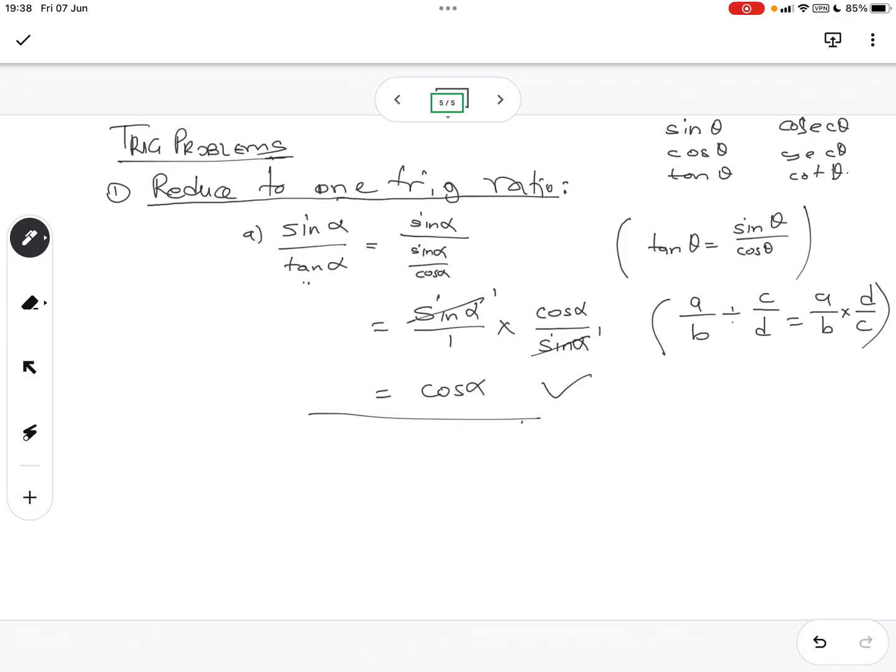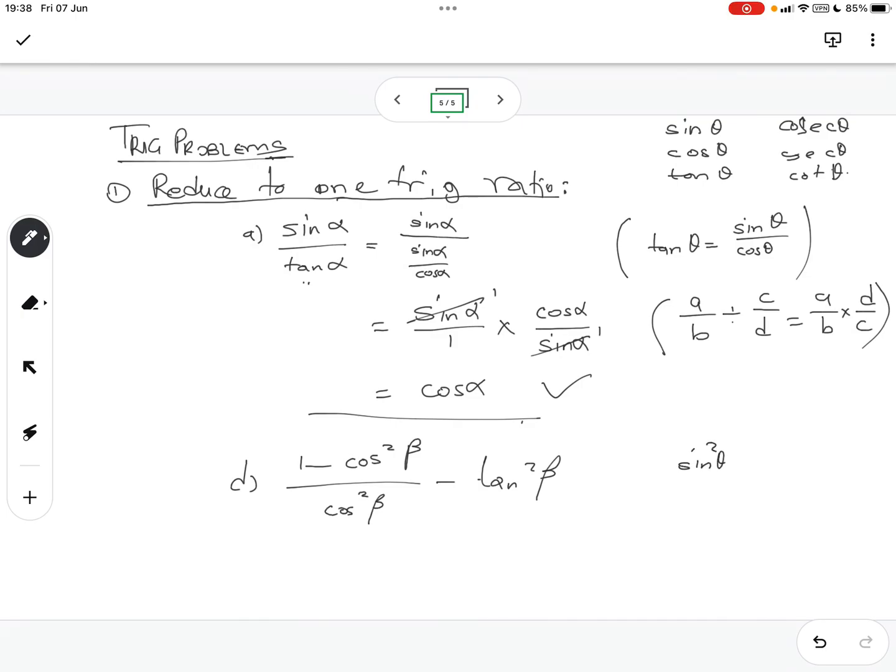So do you see how we can do these problems? The second one is we can do this one. D, which is 1 over cos squared beta over cos squared beta minus tan squared beta.